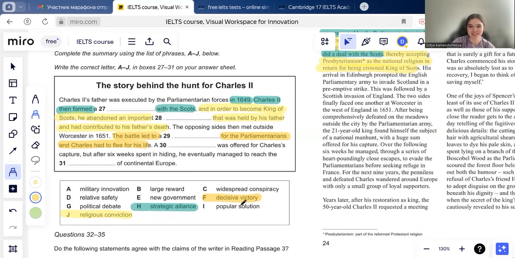No. Take a look. So our question tells us that parliamentarians won, right? Because led to a decisive victory for the parliamentarians. So please find this information that they won. I put F because of Charles had to flee for his life. Just because of the context.